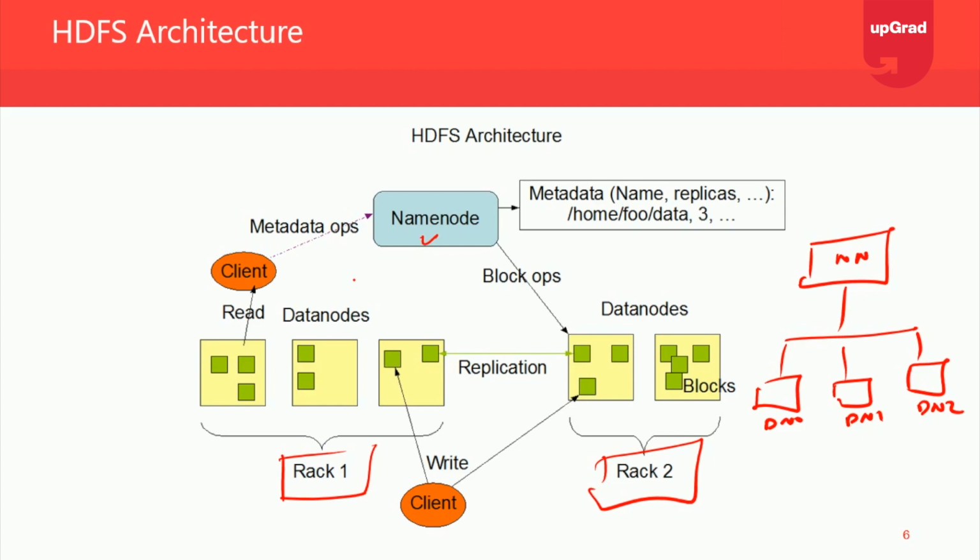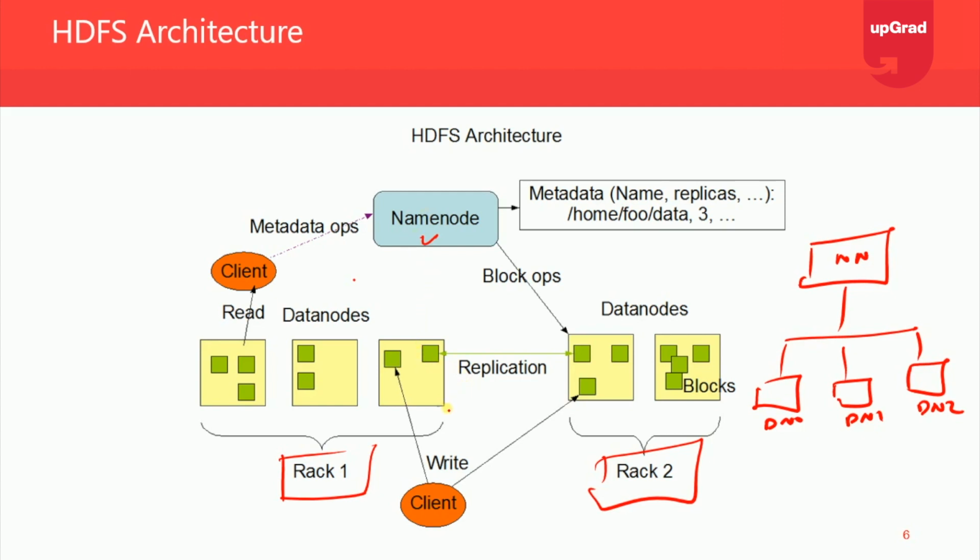The name node executes file system operations like opening, closing, and renaming files or directories. The name node also determines the mapping of the blocks to the data nodes using the metadata. The data nodes are responsible for serving read and write requests from the file system's clients. The data nodes are also responsible for block creation, deletion, and replication upon instruction from the name node.